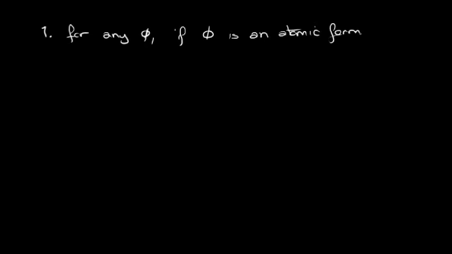So, a very simple language, only 3 rules. So first of all, rule 1, say for any phi, if phi is an atomic formula, then phi is a well-formed formula.